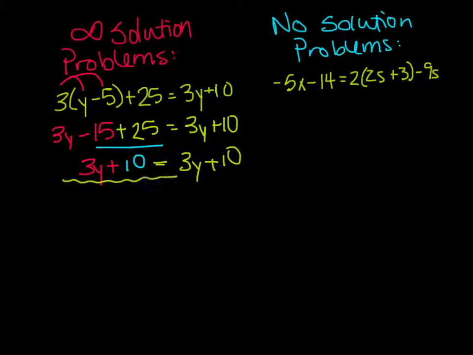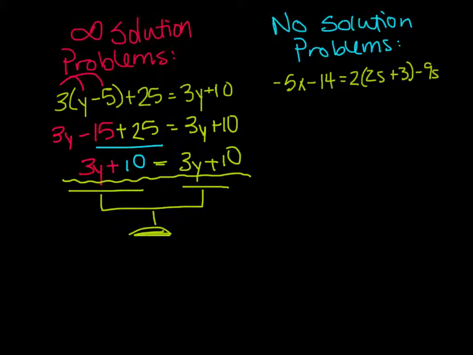Let's think about this. We have the same thing on one side of our scale that we have on the other side of our scale. If that's the case, any number that we put in for y goes on both sides of the equation, and as long as you're putting in the same number on both sides, which is what you should be doing, you could put any number in there.